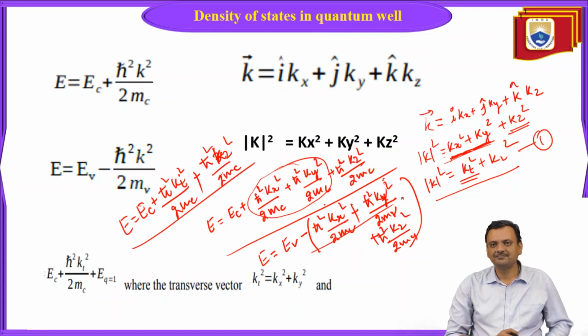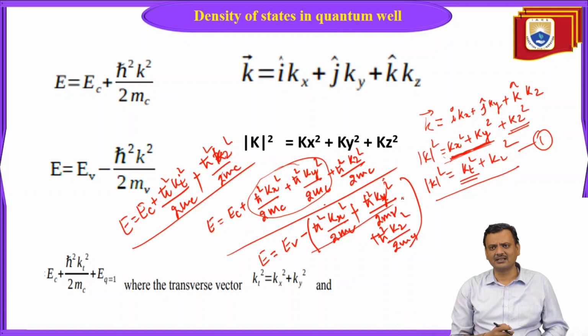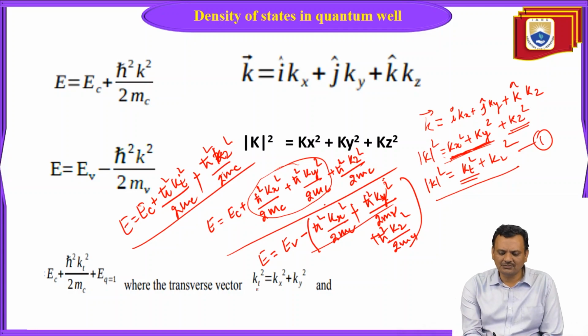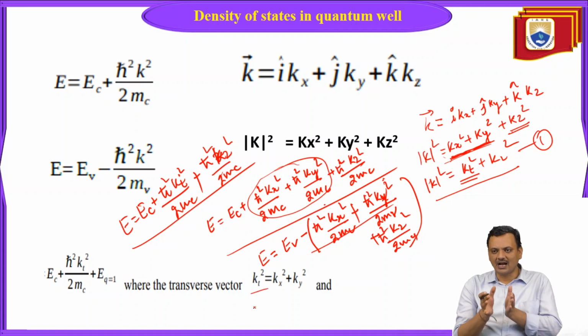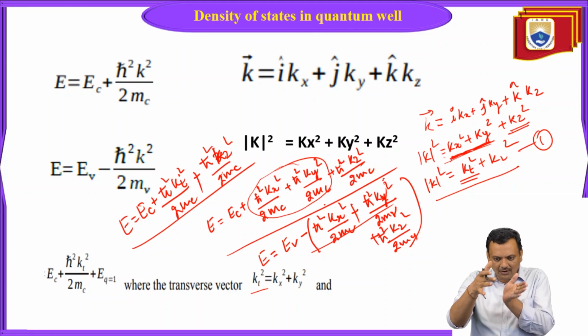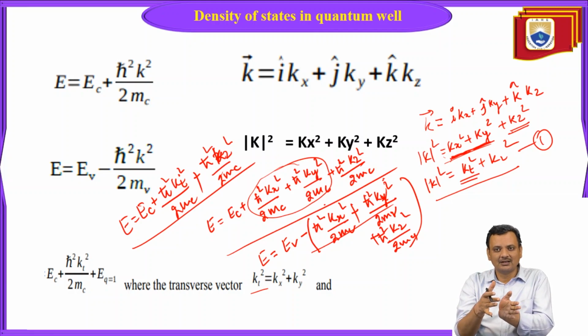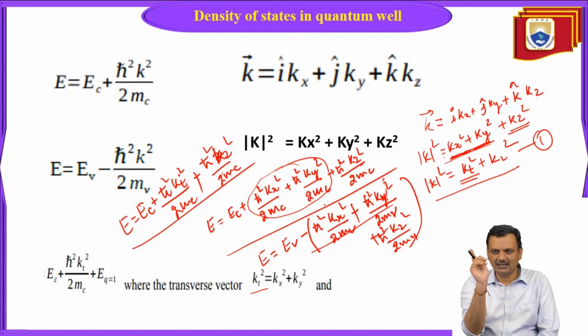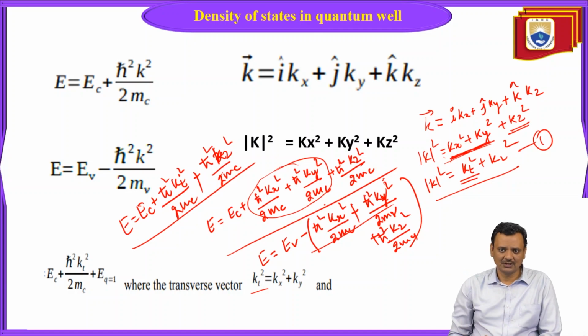Similarly, you can write it for the valence band region. What is Kt? Kt is the transverse component for that particular plane where your K vector tip will always lie, because the z value will always be constant and only the x and y values will change.